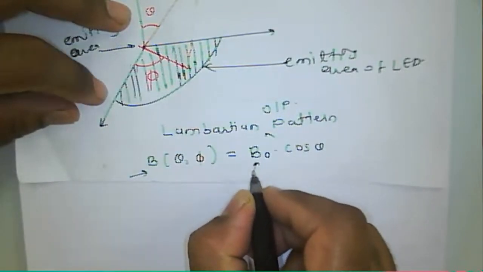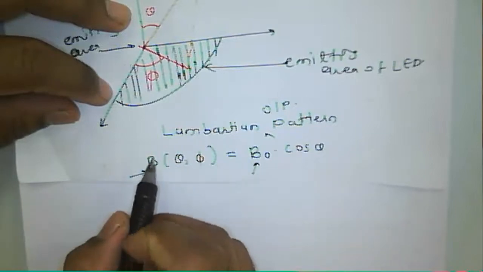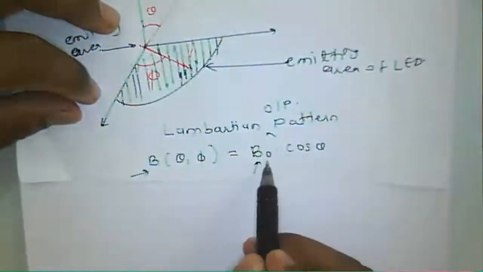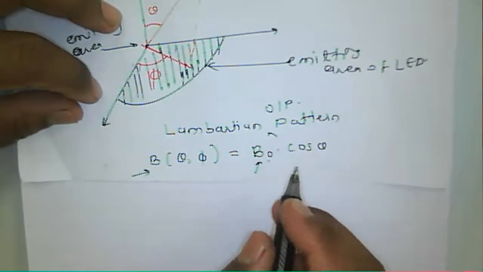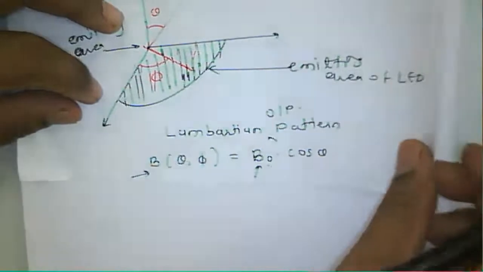So this is the radiance along the normal to the radiating surface. This is a radiating surface, this is some normal here, and cos of theta is about the viewing direction.